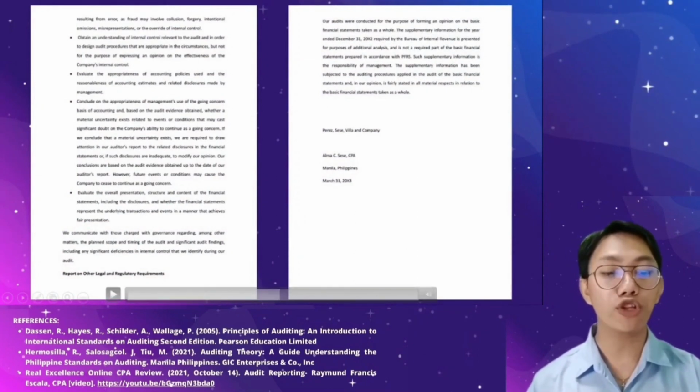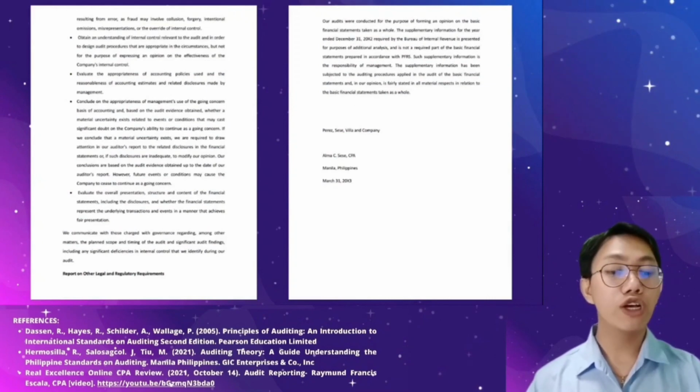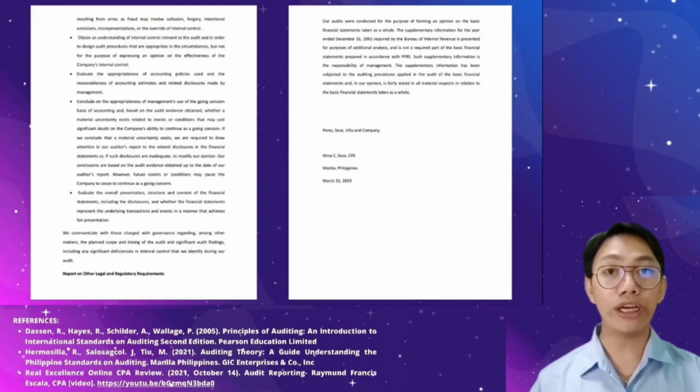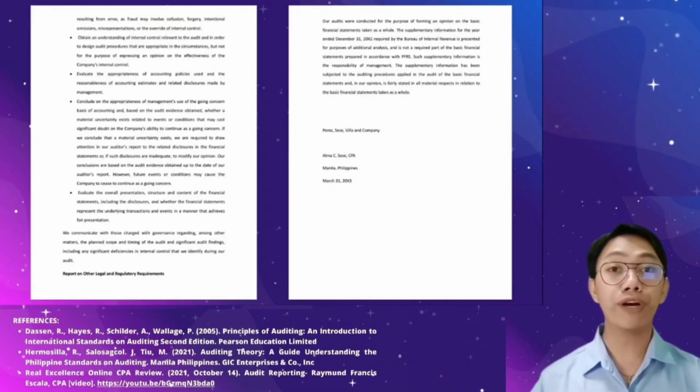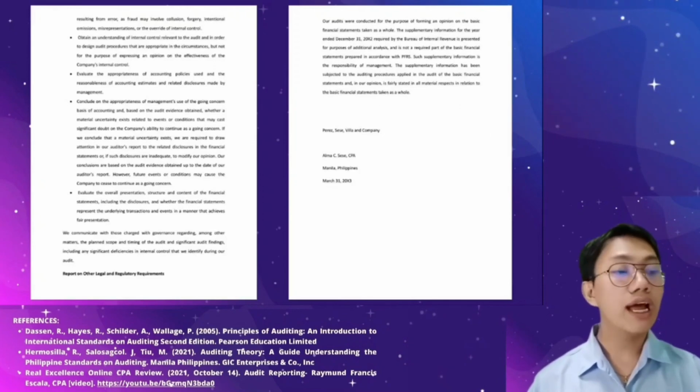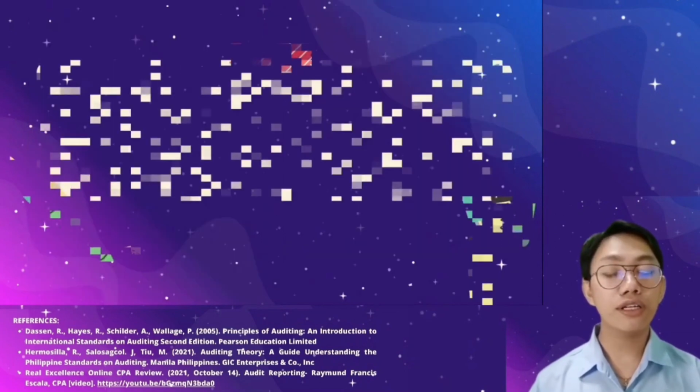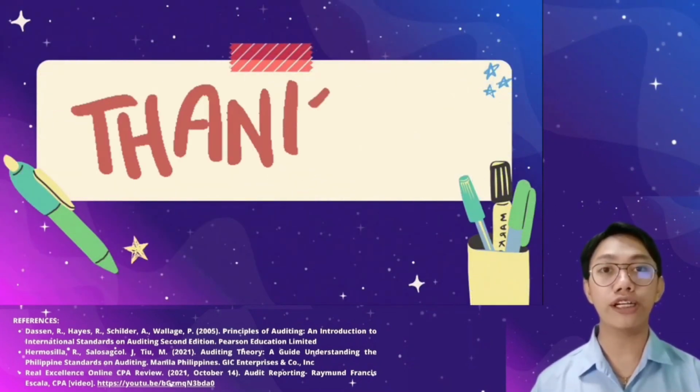And sa pinaka-bottom is March 31, 2023. Ito naman yung date of report. So, kung mapapansin natin, yung independent auditor's report na sample na nakuha ko sa libro ni Hermosilla Chu and Salusagcol is a perfect example kasi nakasunod siya sa lahat ng sinabi nung standards.